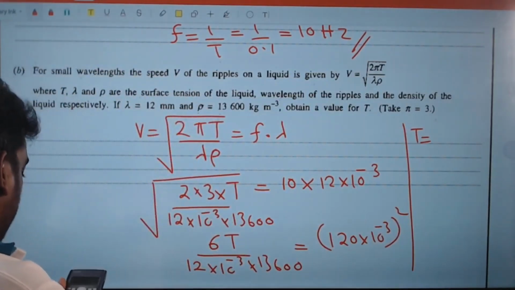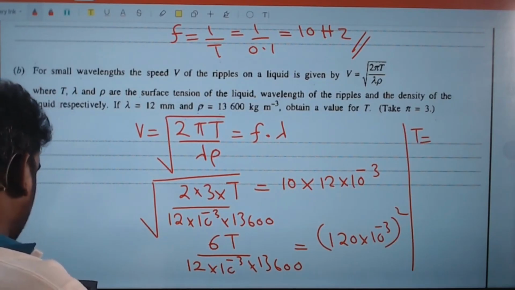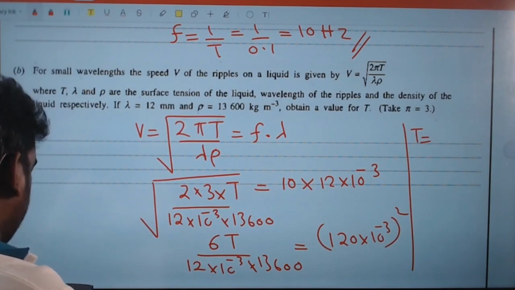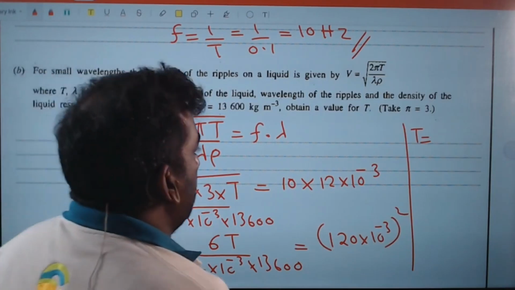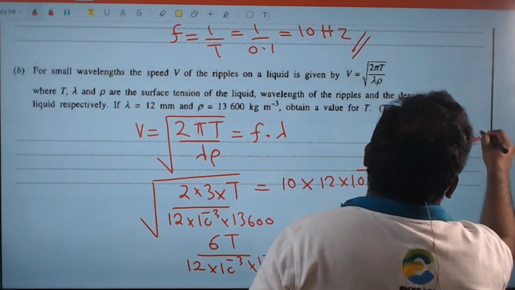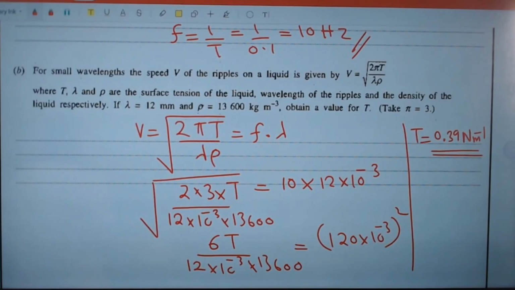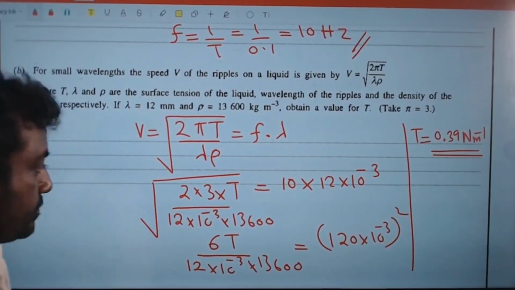From this you get T equals 120 times 10 to the power minus 3 squared, over 12 into 13,600 into 10 to the power minus 3, which gives 0.39 newton per meter. Right.